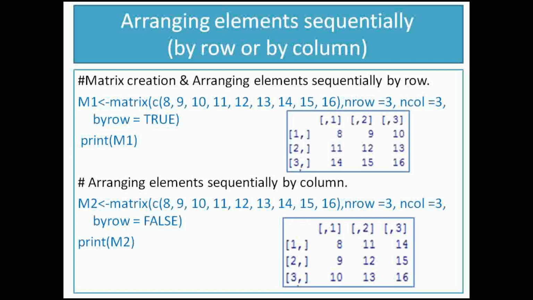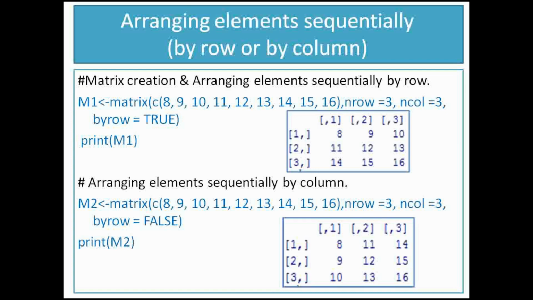Then nrow equals 3 means the number of rows to be created is 3. ncol equals 3 means the number of columns to be created is 3. And byrow equals true means we are arranging the elements sequentially by row. So the vector elements are 8, 9, 10, 11, 12, 13, 14, 15, 16, and they will be arranged sequentially by row.